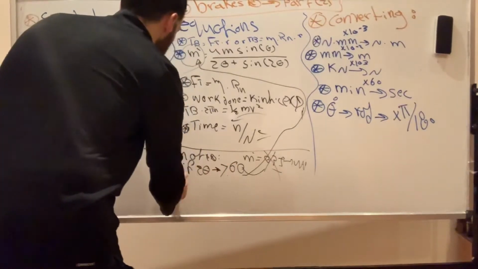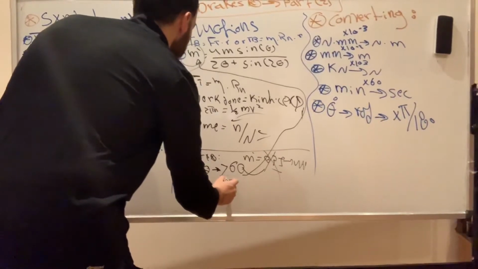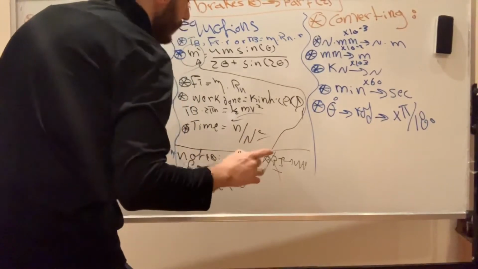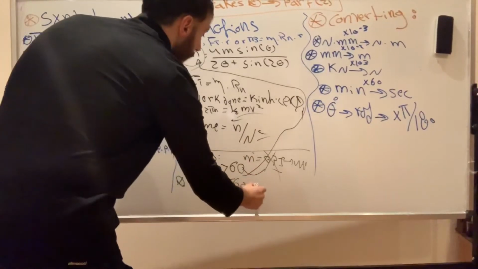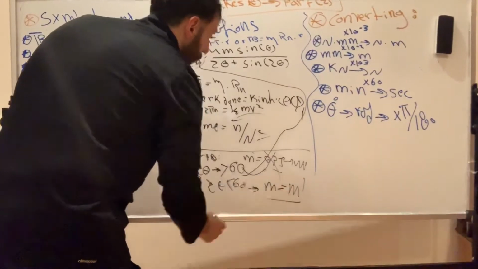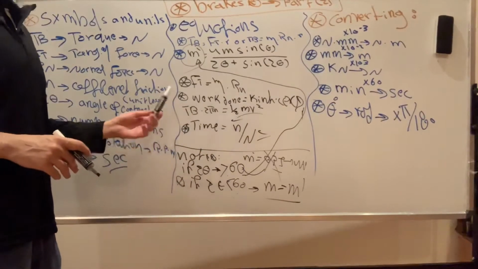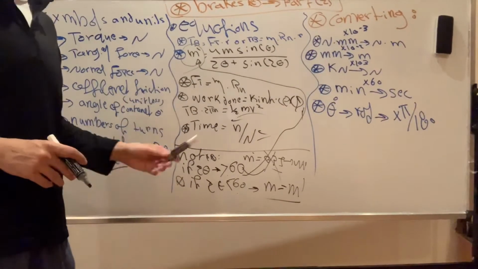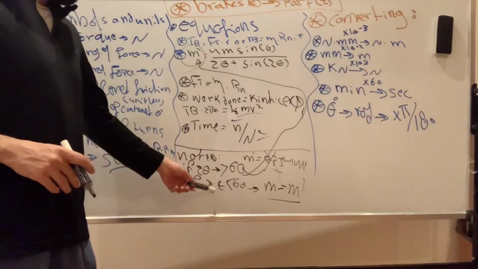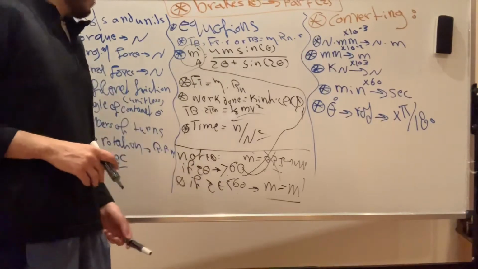So if 2 theta is less than 60, then in this case m will be equal to m dash. Just in this case you can use the m that is specified and given in the question. The m equals m dash if the angle of contact 2 theta is less than 60.